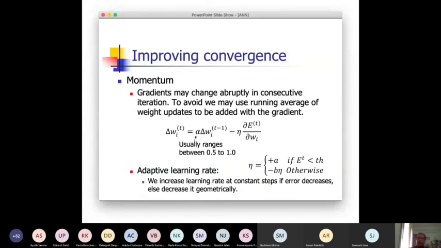So it happens that your gradient may abruptly change. To avoid that, we can use a running average of weights, and that we use here.